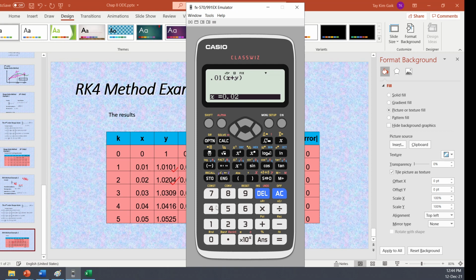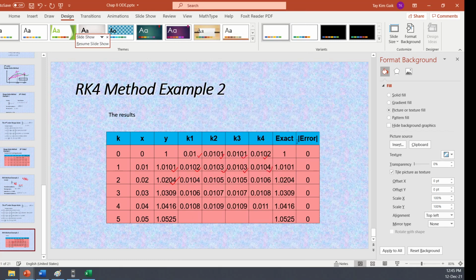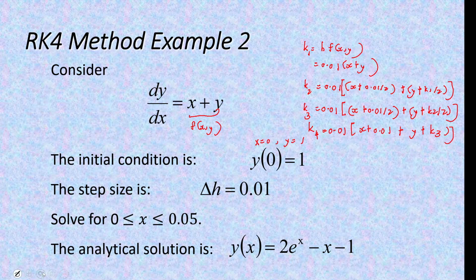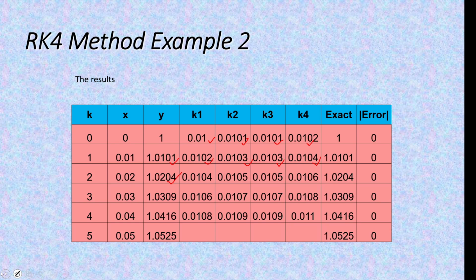Calculate: X is 0.02, Y is 1.0204. You get 0.0104, this one. Okay, K1. And then you want to use K2, another formula.